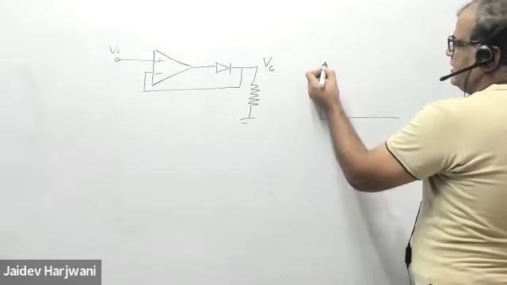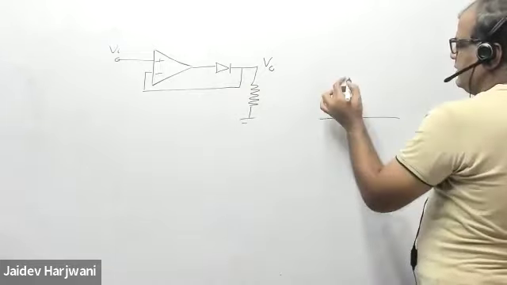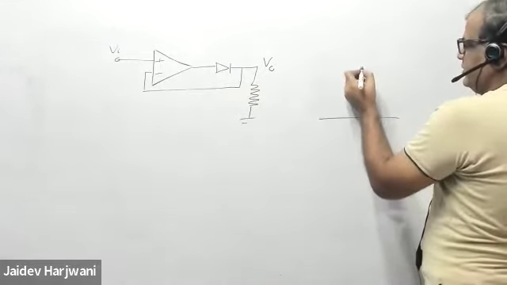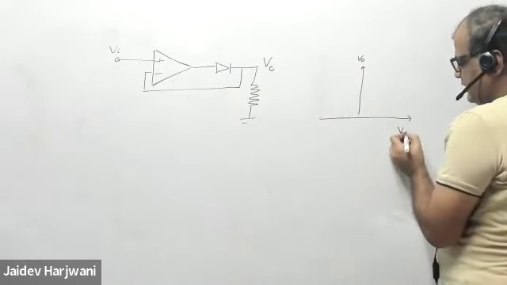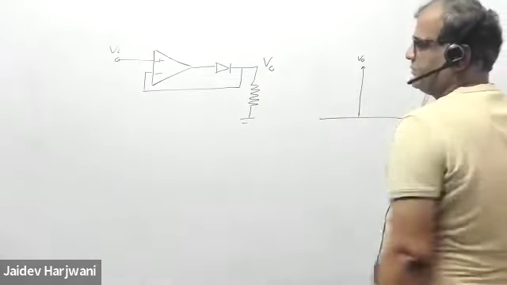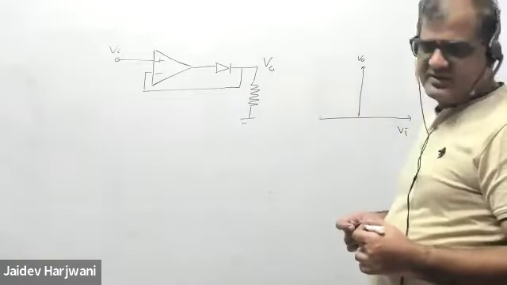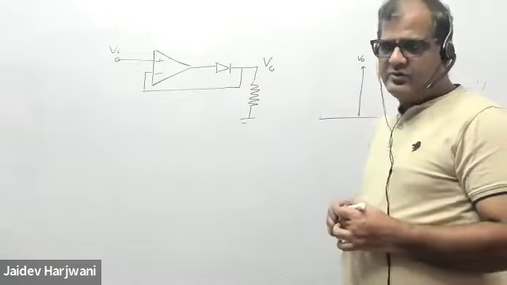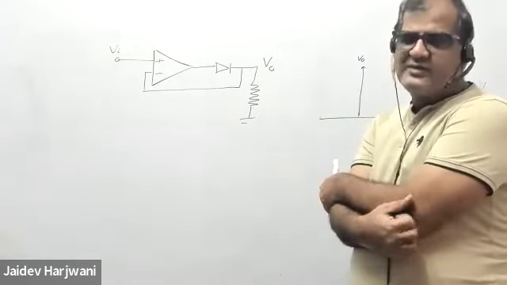So this is my output, and this is my input. The circuit is well known, it is the precision rectifier, and the use of a precision rectifier is to rectify small signals.